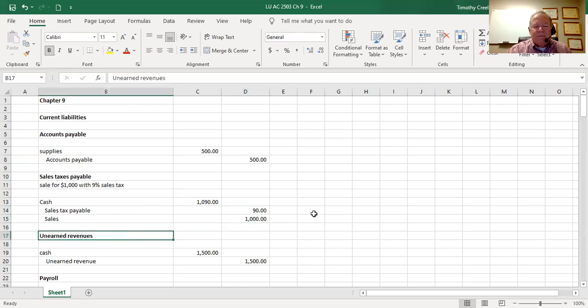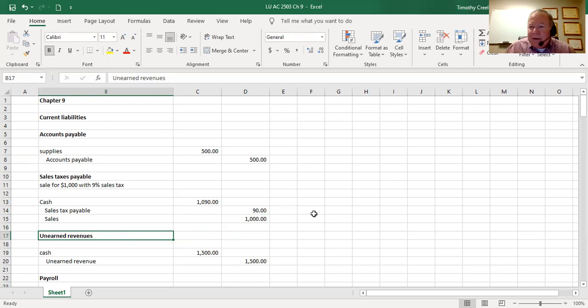Now, unearned revenue. Unearned revenue is whenever the company receives money in advance. It might be a deposit for a later service. It might be like tickets to a concert or a professional sporting event, because whenever a business receives money in advance, they can't earn the revenue until they've done their side of the deal.